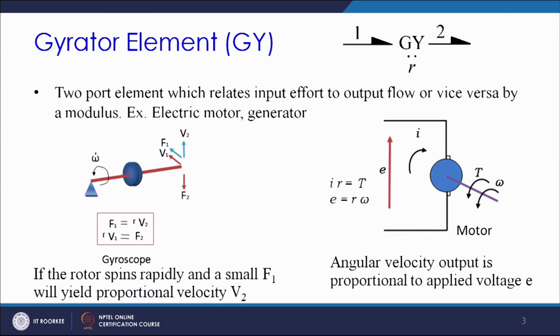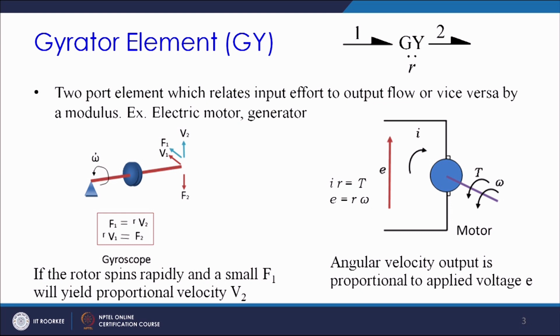Here you have bond 1 and bond 2, again as I said these are two port elements because they interact with the rest of the system through two sides, and say the modulus of the gyrator is represented by R. These two port elements relate input effort F2 to output flow or vice versa through a modulus. There are examples like motor and generator or the gyroscope itself which can be modeled using the gyrator element.